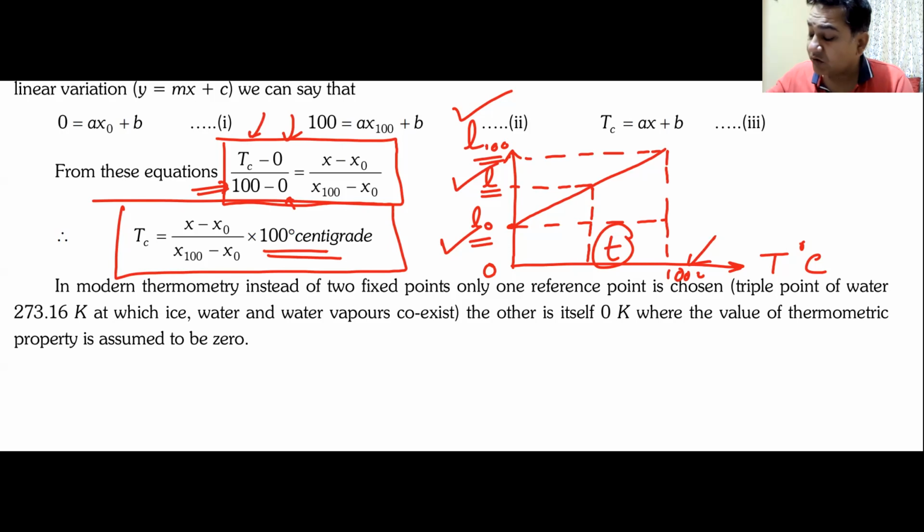Now, if this was not degree centigrade but degree Fahrenheit, how will the equation look in degree Fahrenheit? The same equation, how does it look on the Fahrenheit scale? So TF, the temperature on the Fahrenheit scale, will be equal to what? How will the formula look?